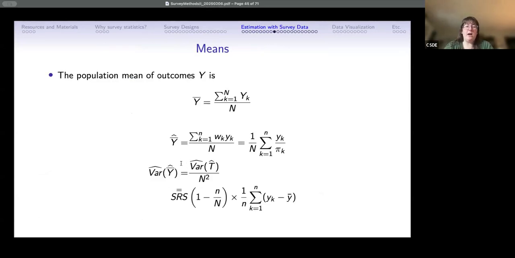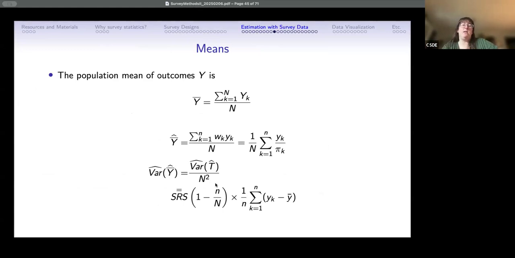Okay, and then here I want to point out that the variance of Y bar hat should look familiar to most of you, if you've ever done, from a frequentist point of view, the variance or the standard error for X bar. It's going to be the variance of T here divided by N squared.